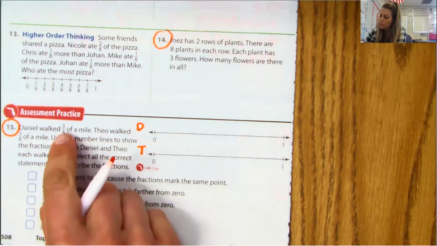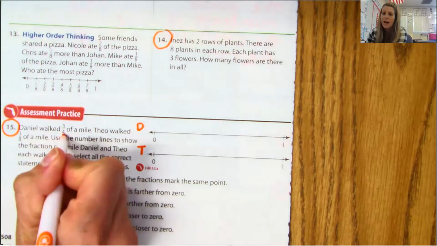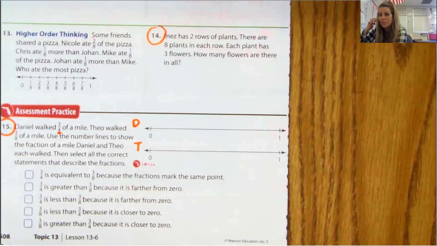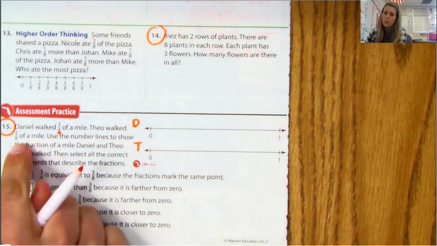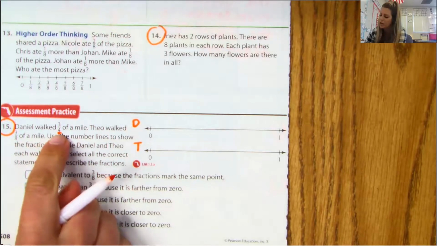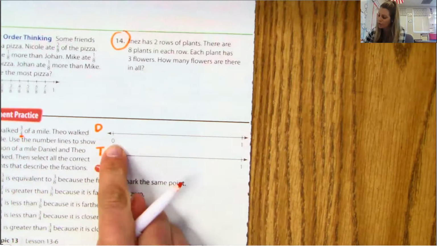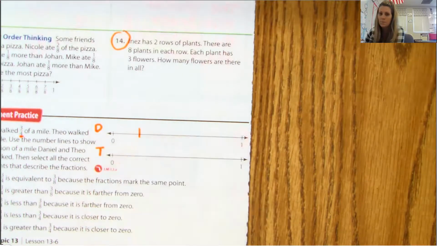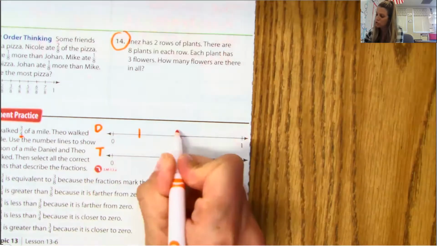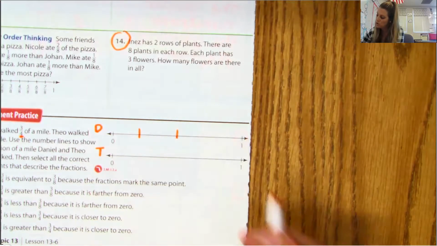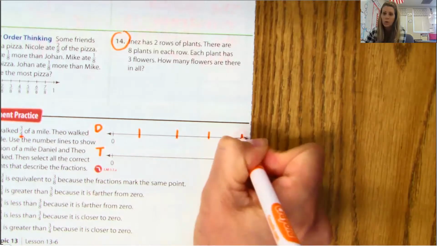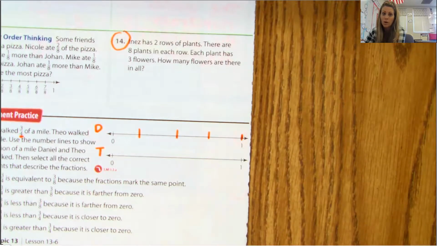So we know the first one, we look at the denominator, that's how many pieces the number line has to be split up. It has to be split up into how many pieces? 4, right? Well, we don't count 0, but let's go ahead and split it up. So we've got 1, 2, 3, and then our 1 whole counts as 4, right?